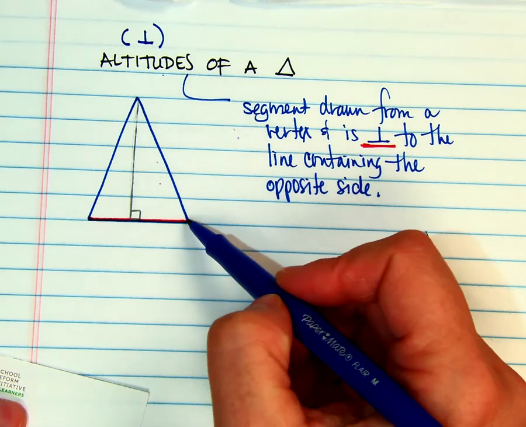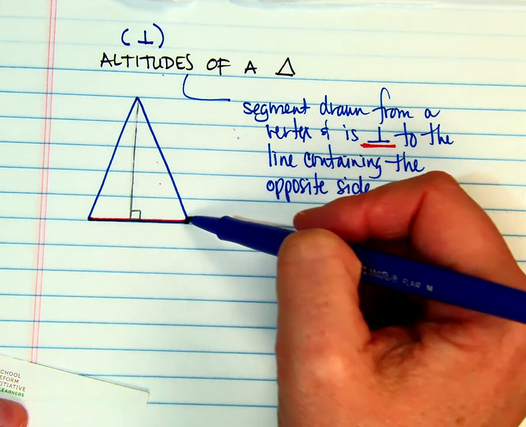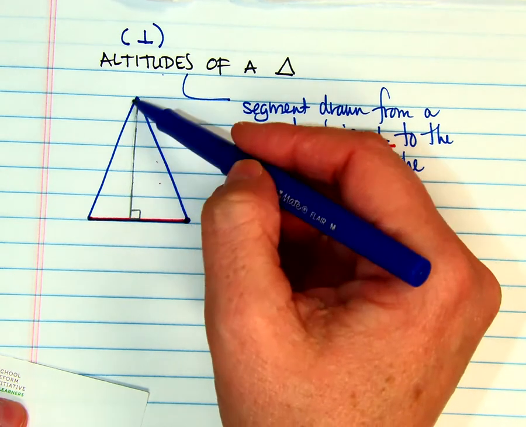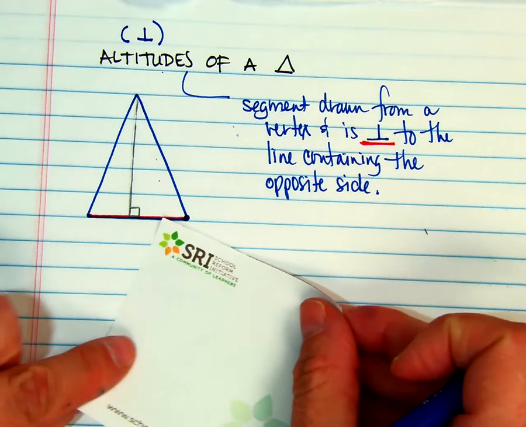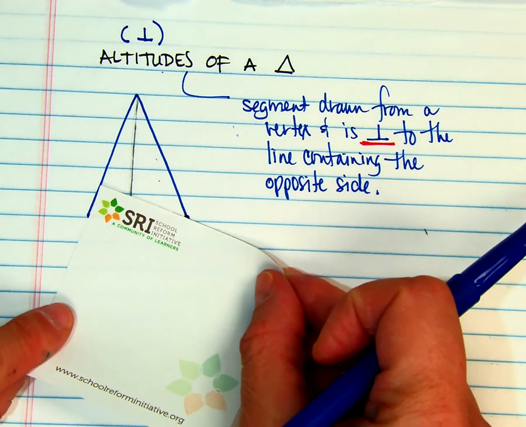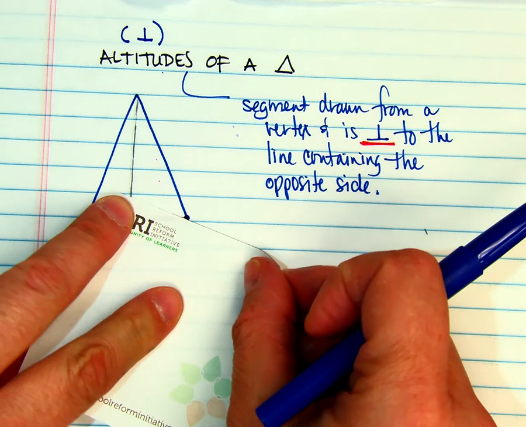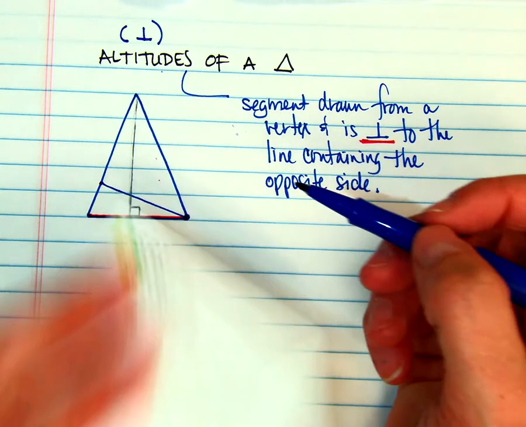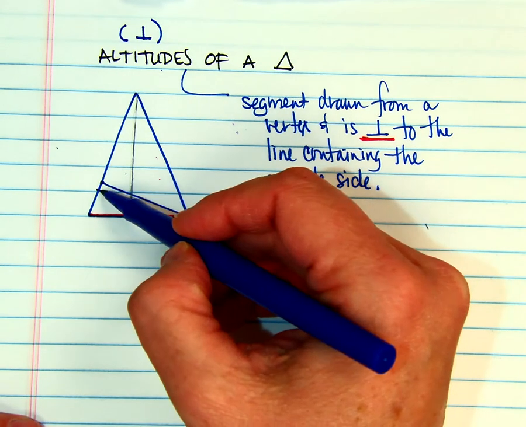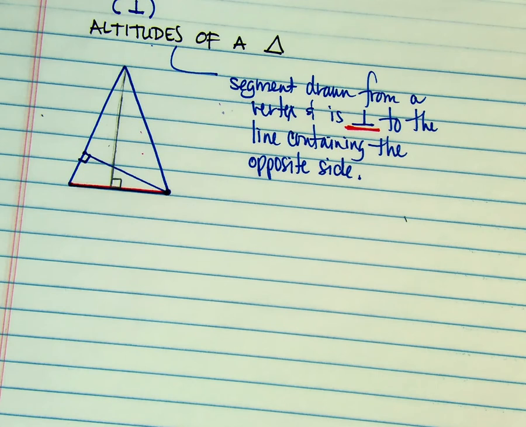So I'm trying to create, from this vertex, a perpendicular to the line containing the opposite side. So again, I have my vertex. I'm lining up my vertex with the corner. So that would be that right angle. I'm going to do the other one and try to do a different color.